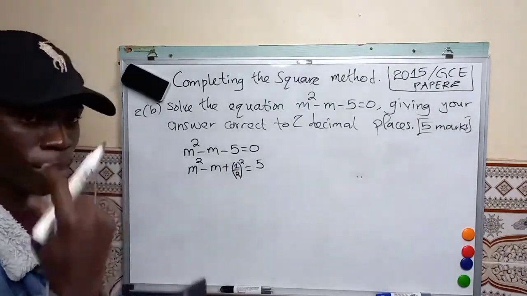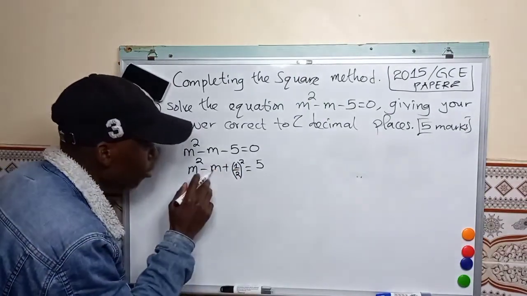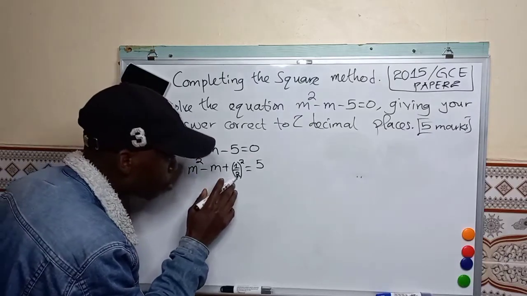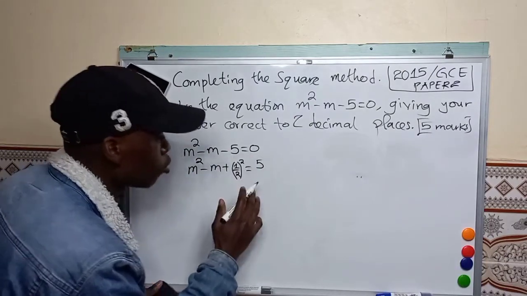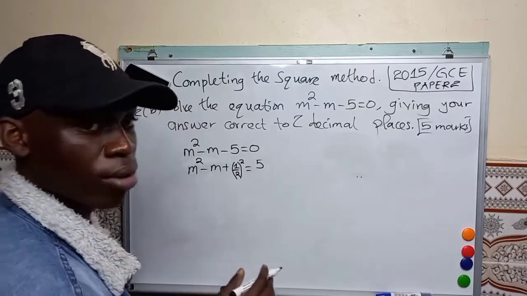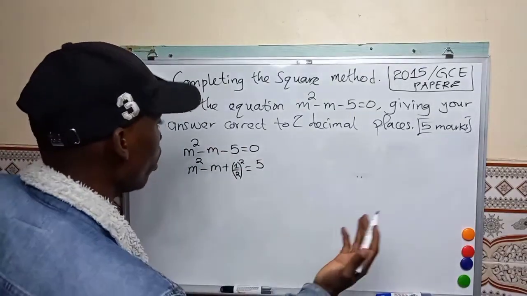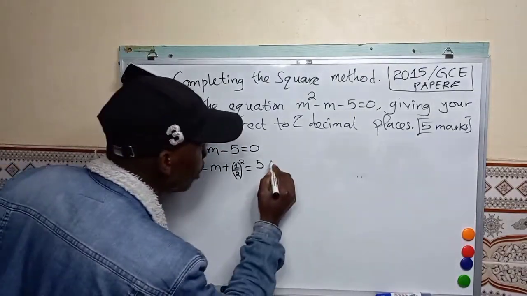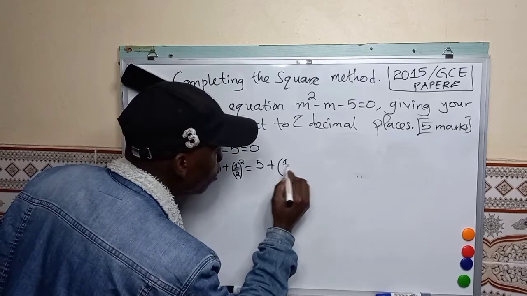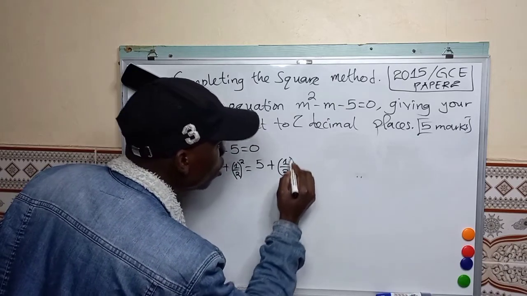It's just a technique you're supposed to know. What you do on the left-hand side of the equation should also be done on the right-hand side of the equation. So we're going to add plus 1 divided by 2 squared.